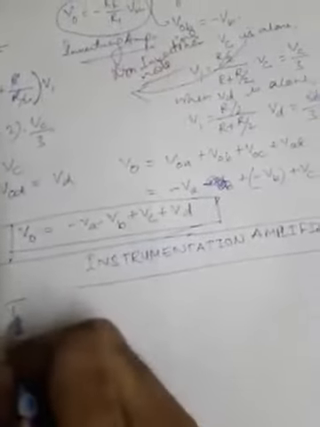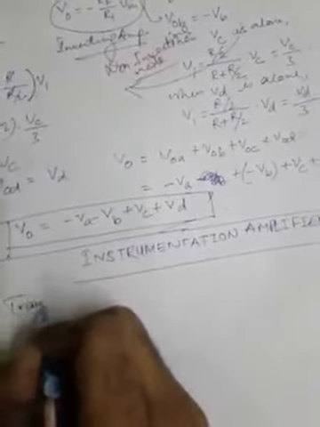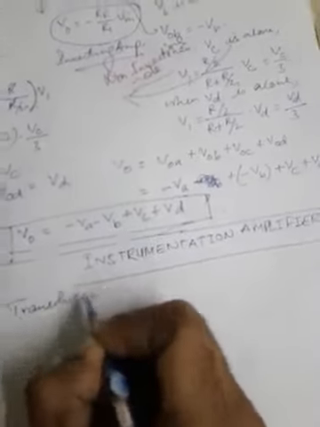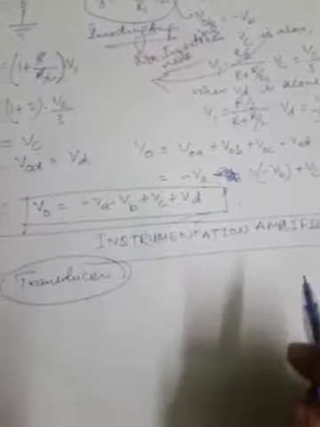Generally, a transducer is used at the measuring site to obtain the required information easily and safely. So, for studying instrumentation amplifier using op-amp, the concept of transducer is important. Now, what is a transducer? It is a device that converts one form of energy into the other.